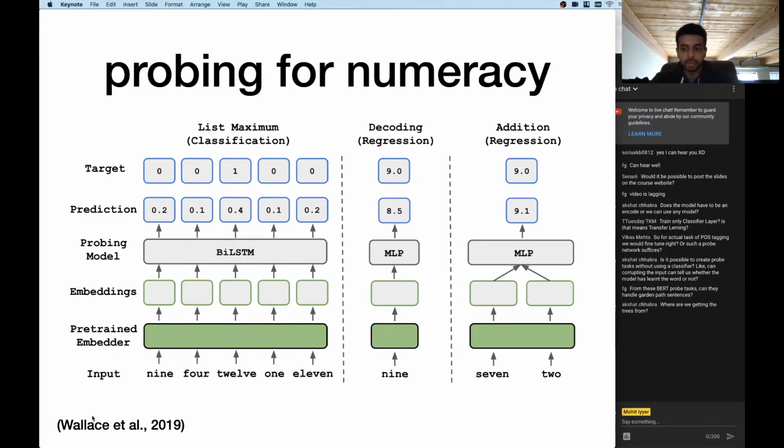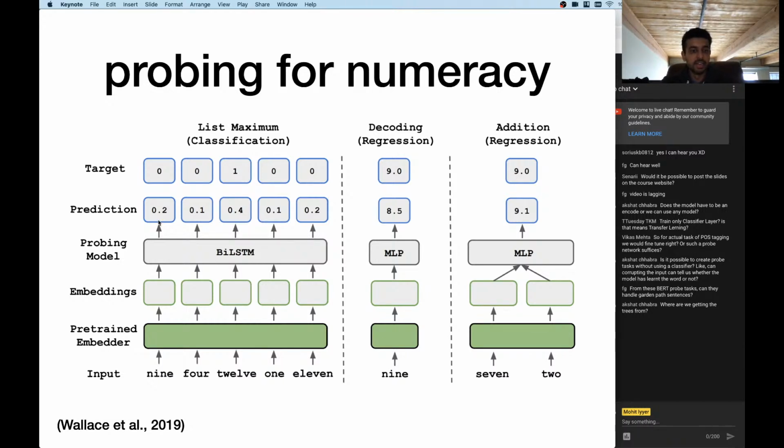In this paper by Eric Wallace and colleagues, they input a list of 5 numbers in this list maximum task. They passed it through something like BERT, then passed it through a probe network, which here is not a simple linear classifier, but rather it needed to be contextualized, so it's some sort of LSTM.